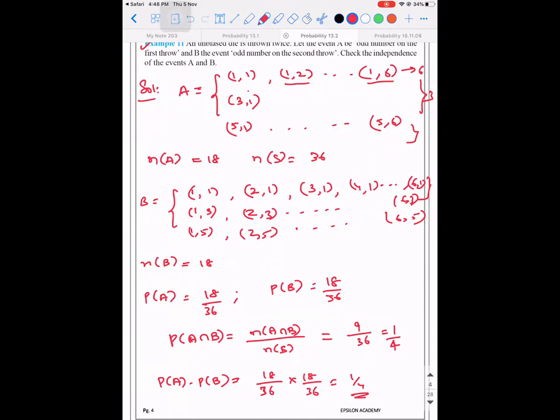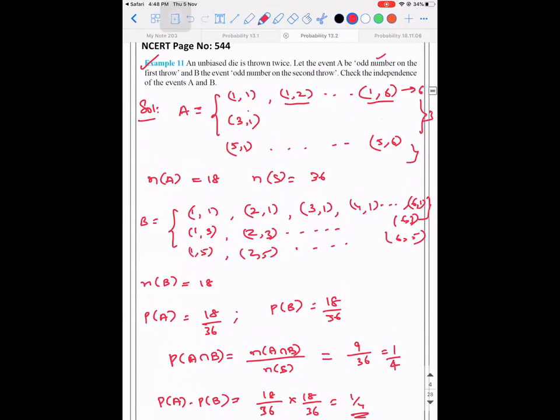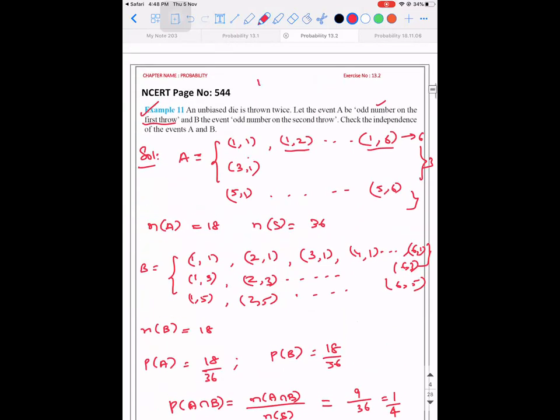Can you explain that A intersection B part, sir? Sure. A is an odd number on the first roll. B is an odd number on the second roll. So the outcomes are (1,1), (1,3), (1,5), similarly (3,1), (3,3), (3,5), similarly (5,1), (5,3), (5,5).